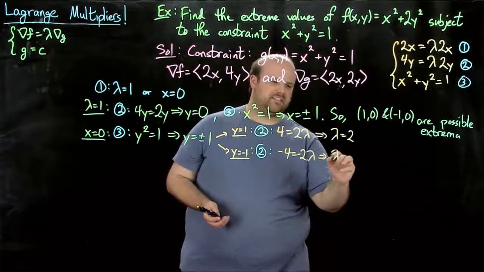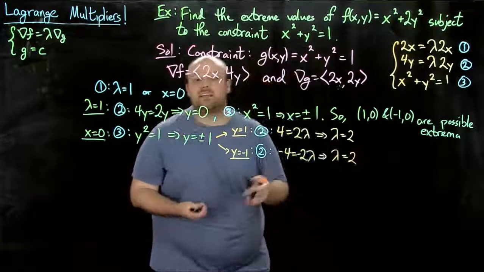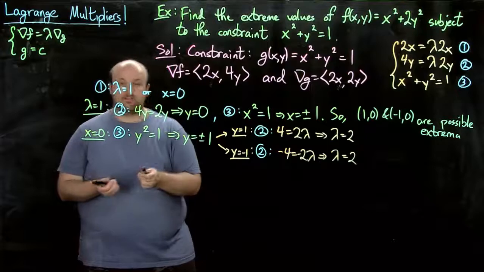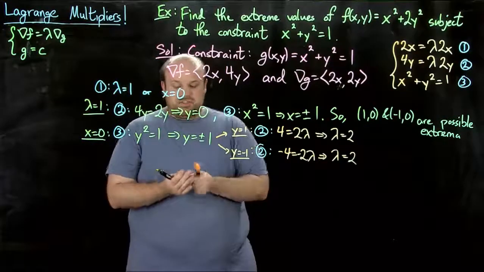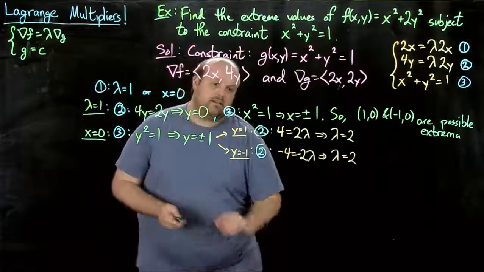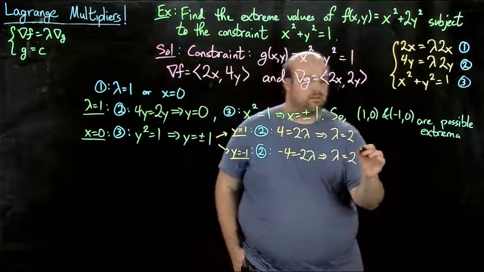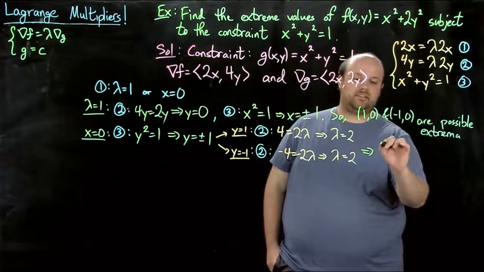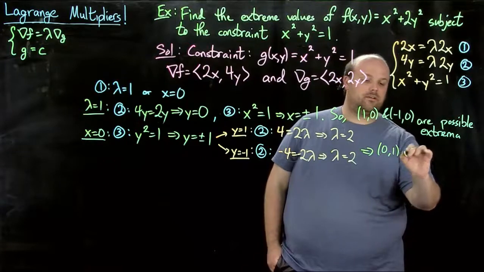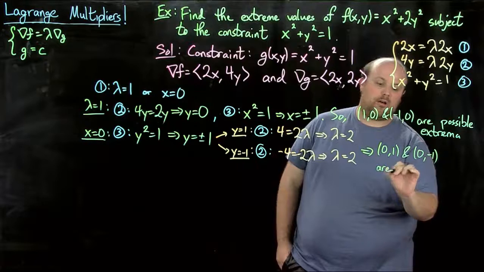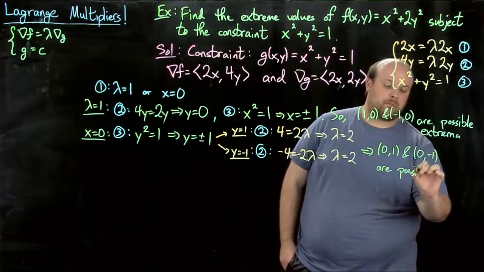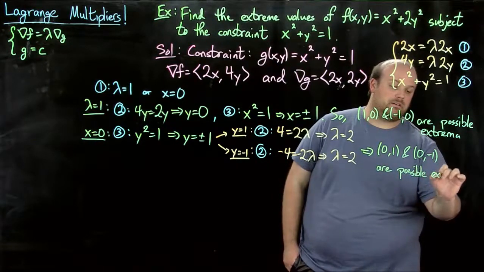But again, that just means lambda is 2. Right? And again, it means there is a solution. There is a lambda. Right? So what that means then, this tells us that 0, 1 and 0, minus 1 are possible extrema.